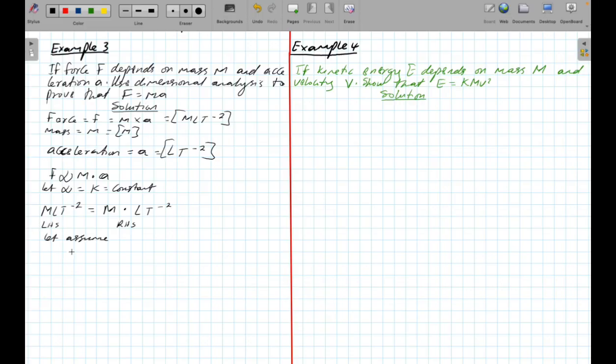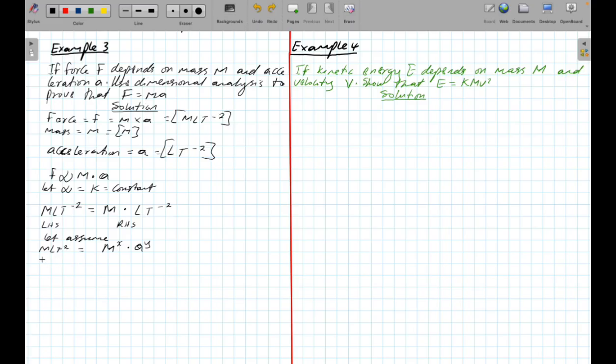So let's assume that the exponents of the quantities on the right hand side are x and y, or you can say a and b. That is, m L t raised to the power of minus 2 equals m raised to the power of x multiplied by a raised to the power of y. That's the exponent of the dimension on the right hand side.